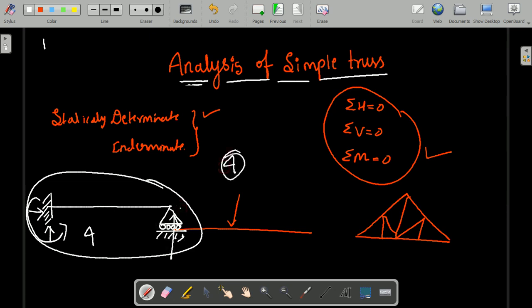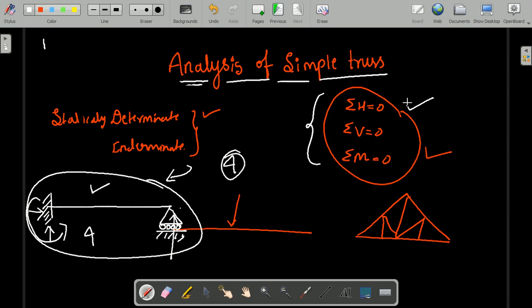Four unknowns are there, but the available equilibrium conditions are three here. So we cannot solve for the unknowns using only these three equilibrium conditions. Because the unknowns are four here, this beam becomes indeterminate.